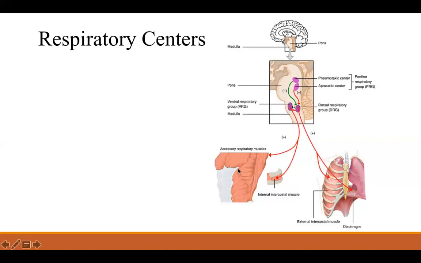There are other nerves supplying the internal intercostal muscles, again from the thoracic spinal nerves, and then the accessory respiratory muscles could be again from the thoracic spinal nerves, basically T1 to L1 supply the abdominal muscles, and C1 to C2 are accessory muscles that supply the neck.